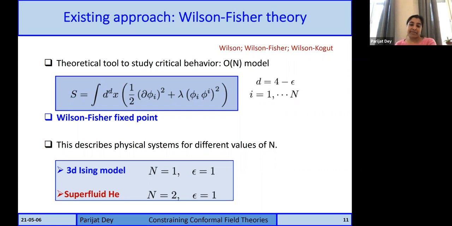This system describes physically interesting systems for different values of n. When n equals 1, so we have only one scalar field, and epsilon equals 1, we have the 3D Ising model universality class. And when n equals 2 and epsilon equals 1, we get superfluid helium.